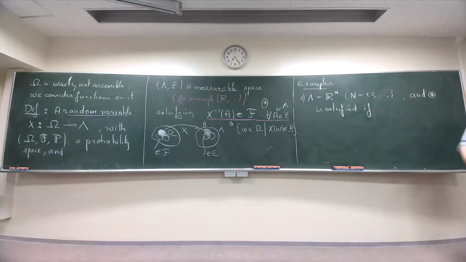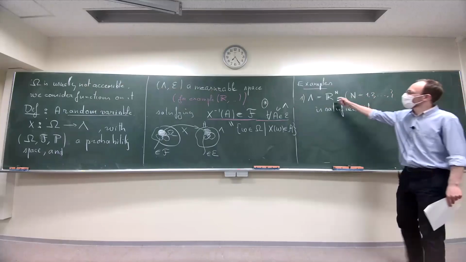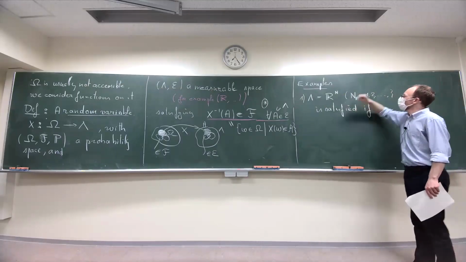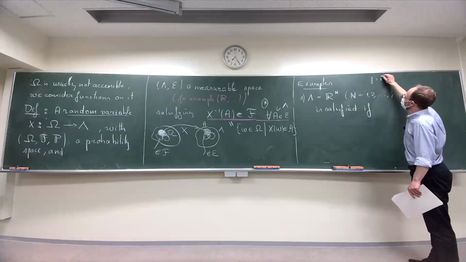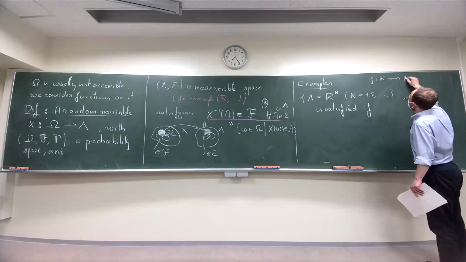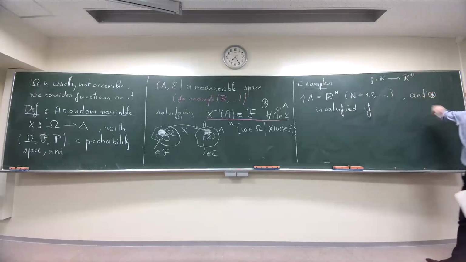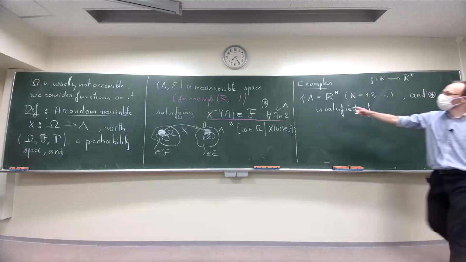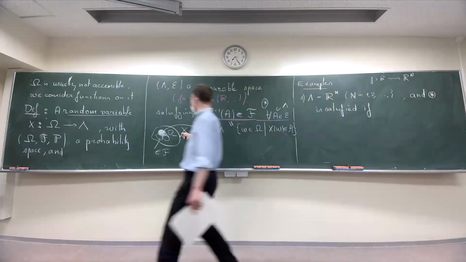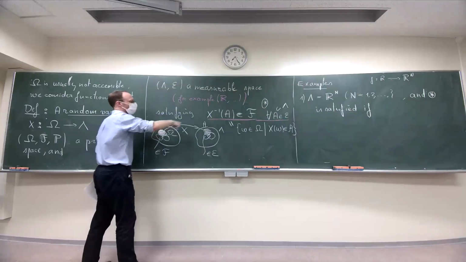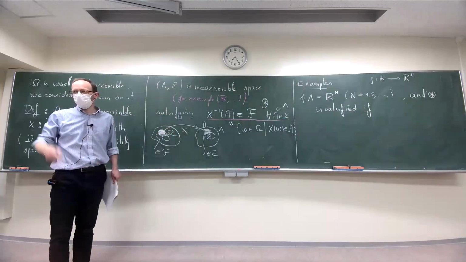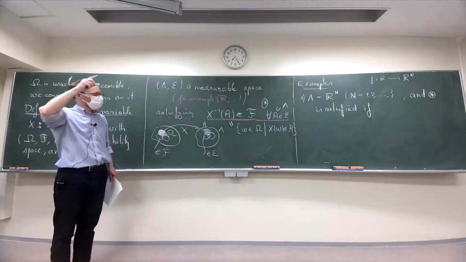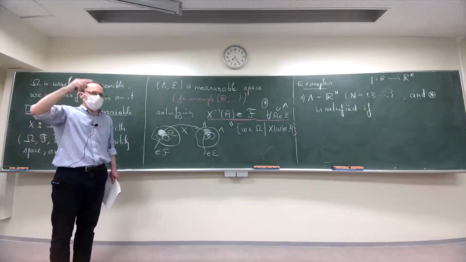If, I'm sorry, I know it's complicated, but like in calculus 2, when you have a function to Rn, I already mentioned this last time, it's like n functions. So if you have a function X from this to Rn, it's like n functions, right? A vector, a function taking a value in Rn, is like n functions.